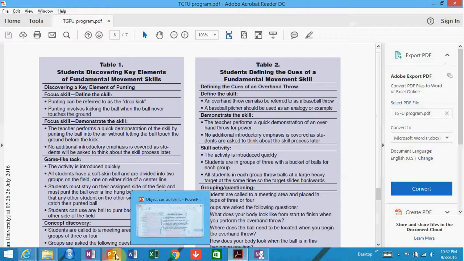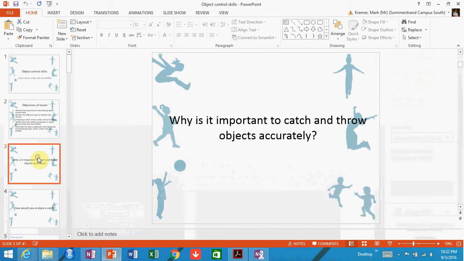Let's first start with why it is important to know how to catch and throw accurately. If you pose this question to yourself, and think about yourself playing games where catching and throwing are required and you cannot catch and throw, firstly, it can affect your self-confidence in participating in those types of activities.